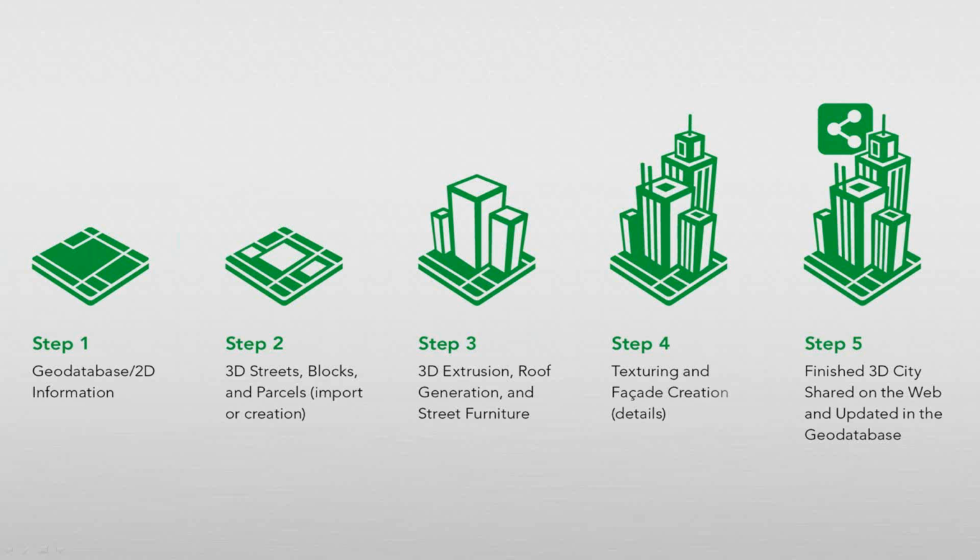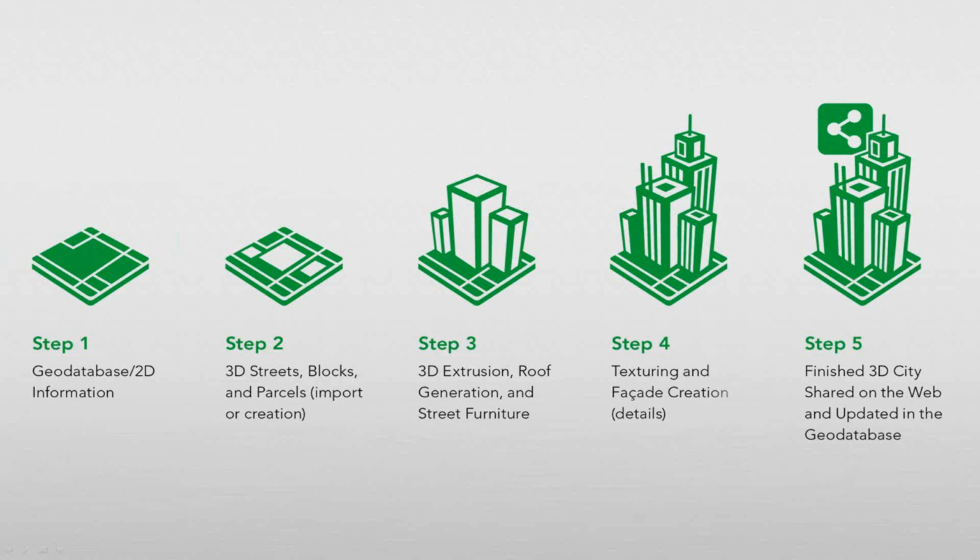In step three, we use the procedural rules within CityEngine, those capabilities, to help automate the 3D extrusion process of these shapes. Step 4 deals with texturing and further refinement of the structural facade styles and other elements on the buildings for more added realism.